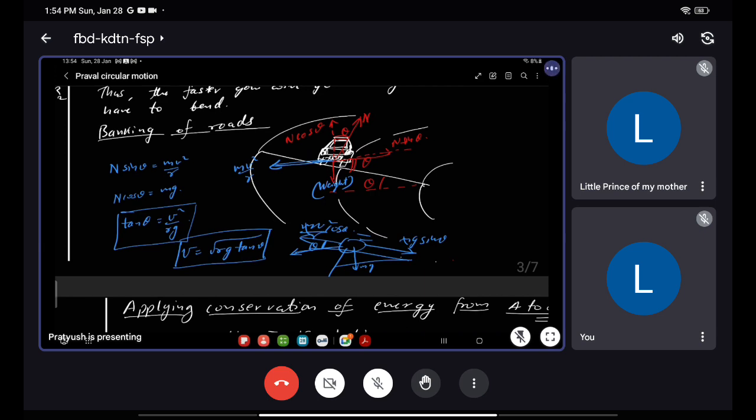So again, friction is varying throughout the seasons. That's why we take this banking of roads as if friction is not even present.